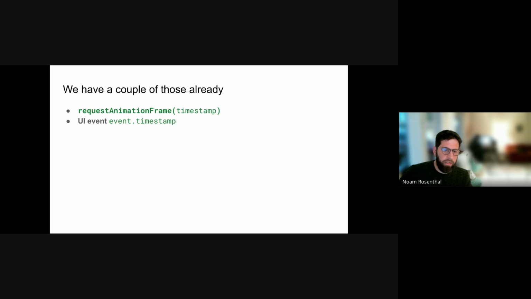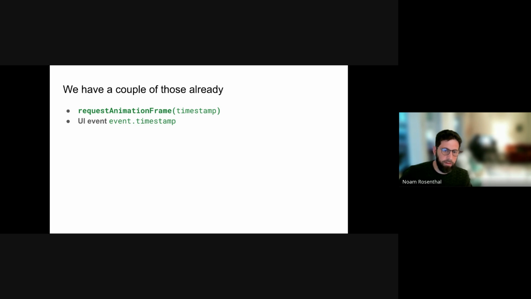The timestamp you receive in the request animation frame callback is some form of an implementation defined timestamp of when the render opportunity was available. The event timestamp of UI events, of clicks and touch, etc. It's also implementation defined.